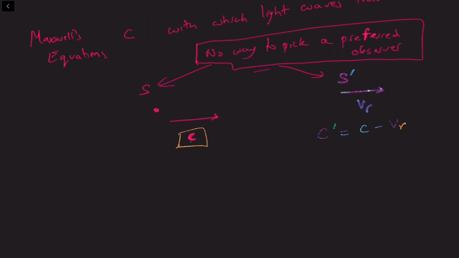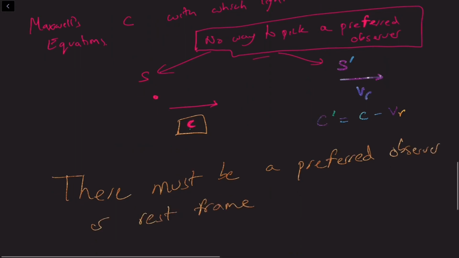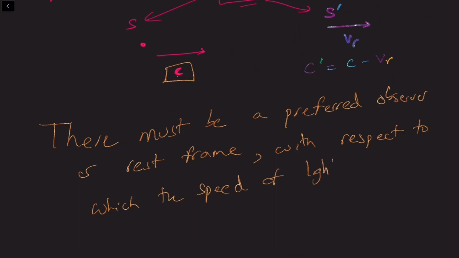So Maxwell's equations tell us that there must be a preferred observer or rest frame with respect to which the speed of light is that constant c.